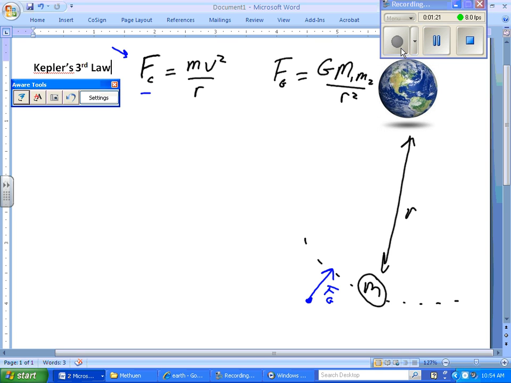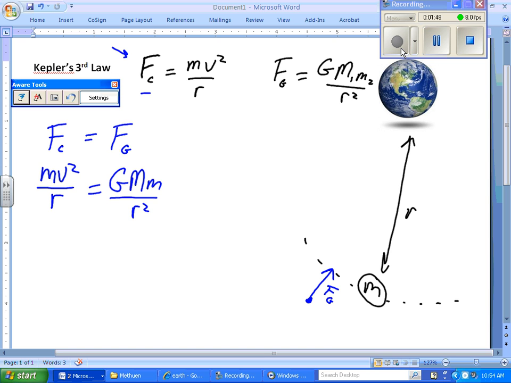So then, by the definition of what it means to be a net centripetal force, it looks like the force of gravity is our net centripetal force. So therefore, mv squared over r has to be the same as the force of gravity between them. So I could say mv squared over r equals GMm over r squared.